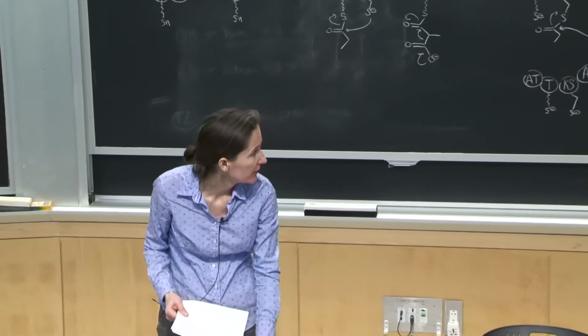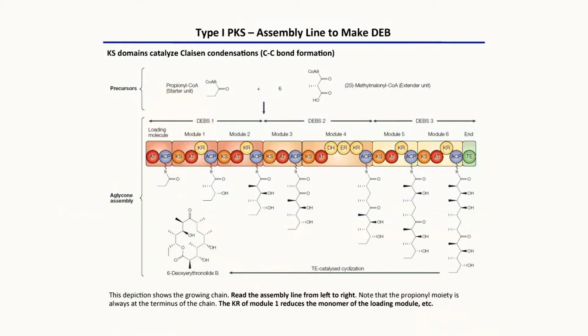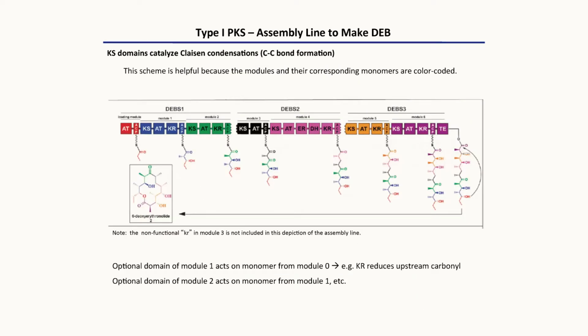So if we take a look at what's on the board, or sorry, on the PowerPoint here, what we're seeing is one depiction of this assembly line to make DEB indicating the growing chain. Okay, so as we walk through each module, we see an additional monomer attached, so the chain elongates, and then you can track what's happening to the ketone group of the upstream monomer on the basis of the optional domains here.